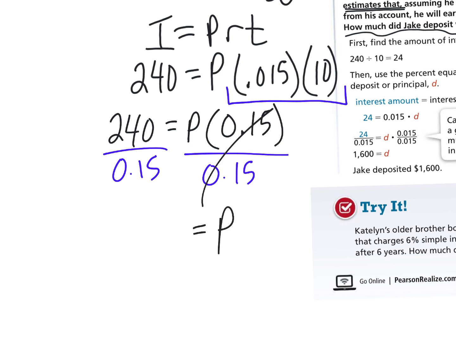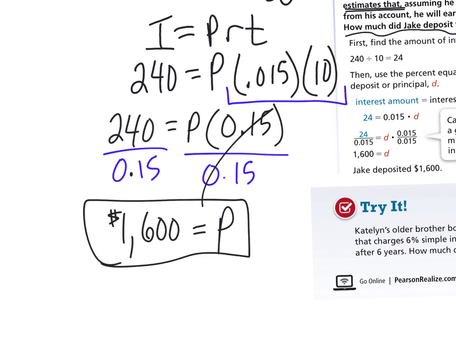And when you divide, we're dividing by a number that's less than 1, so this is going to make a bigger number, and it's going to be $1,600. Okay, if you'll notice, we kind of did this entirely different than what the book did, but we got the same answer. So $1,600 is what he deposited.